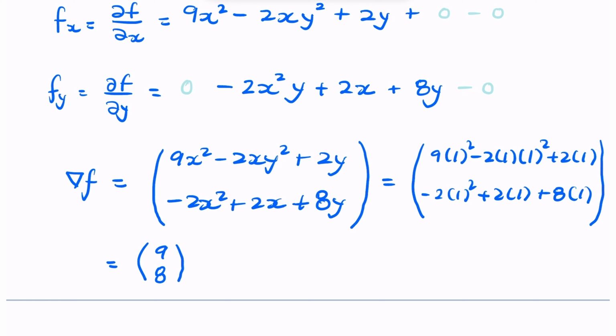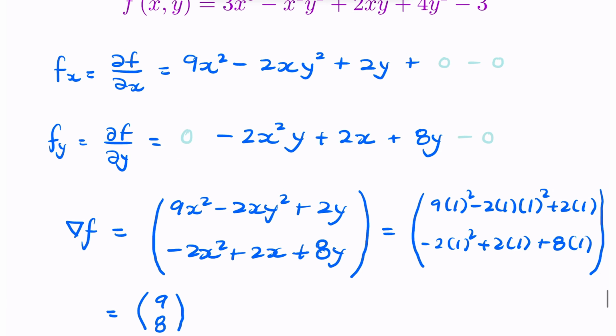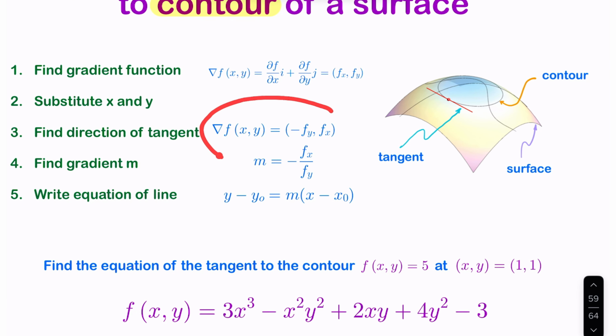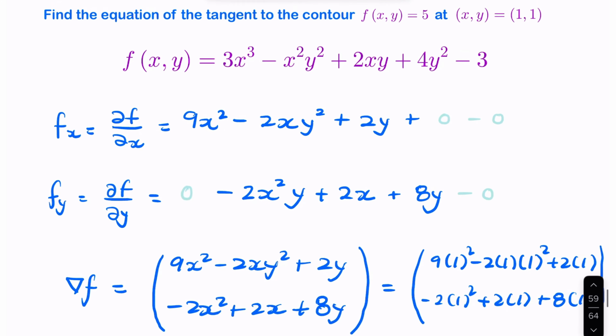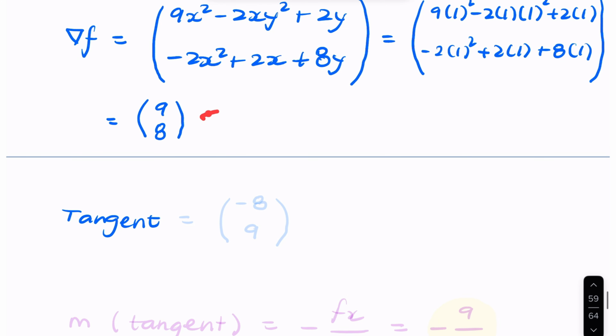You now want the direction of the tangent, which is negative fy, fx. So the direction of your tangent will look like this: negative 8, 9.